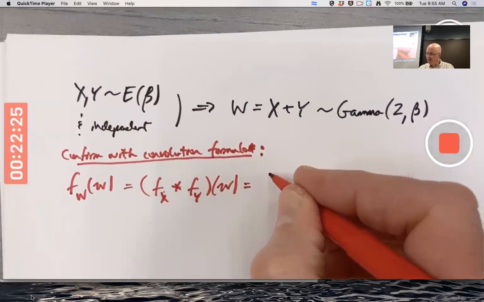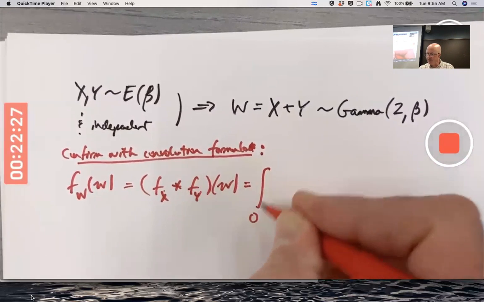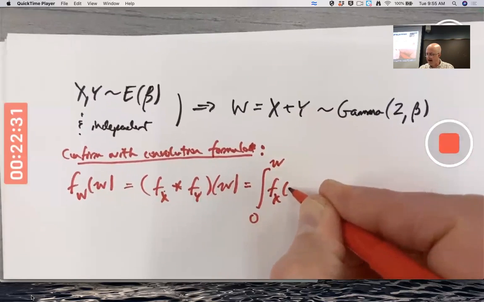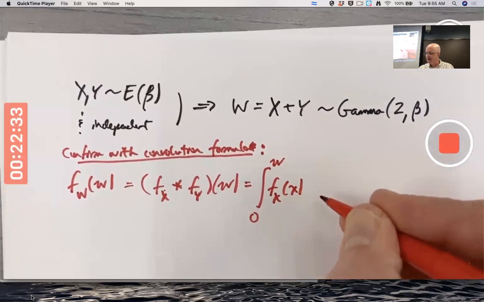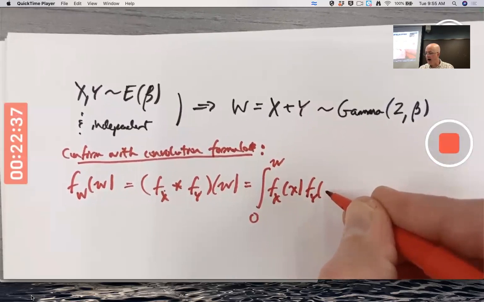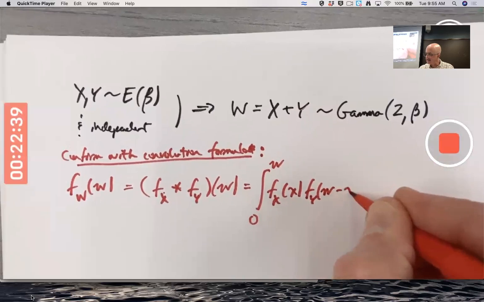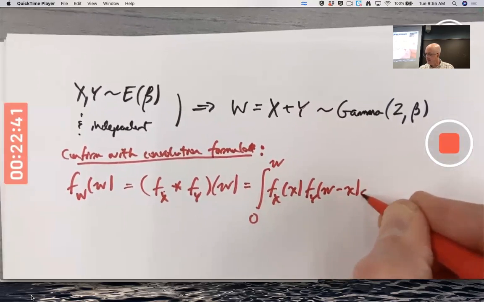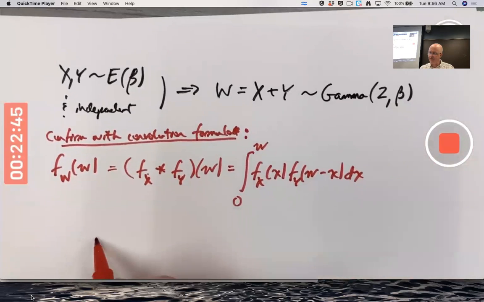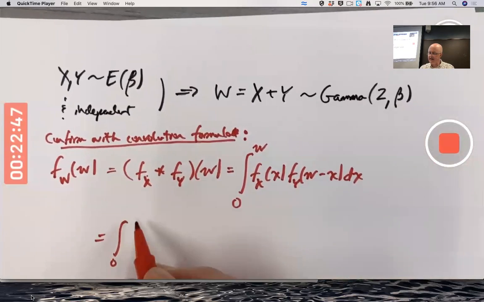And the formula from the previous page is that I do the integral from 0 to w of little f sub X evaluated at x times little f sub Y evaluated not at x or y, but instead at w minus x. Integrate with respect to x. And this turns out to be an easy integral to do.